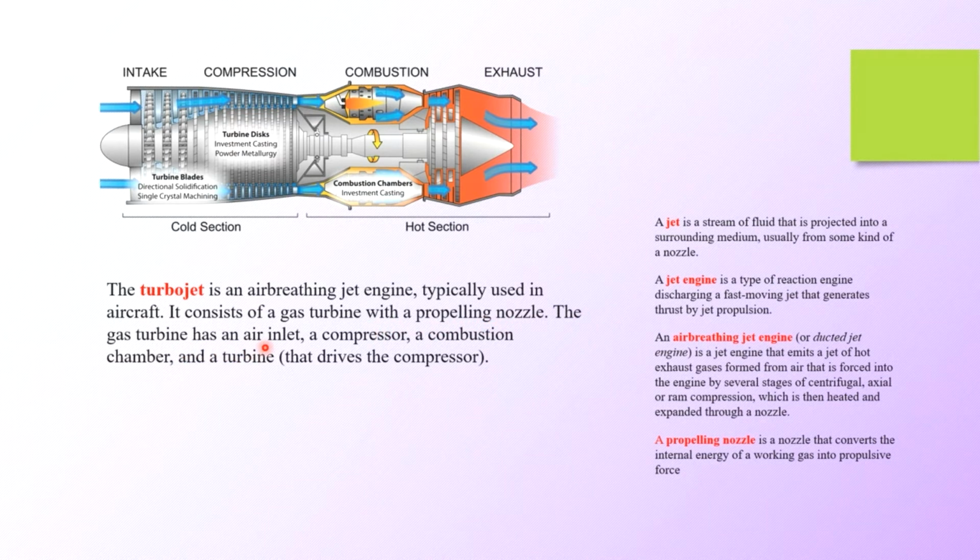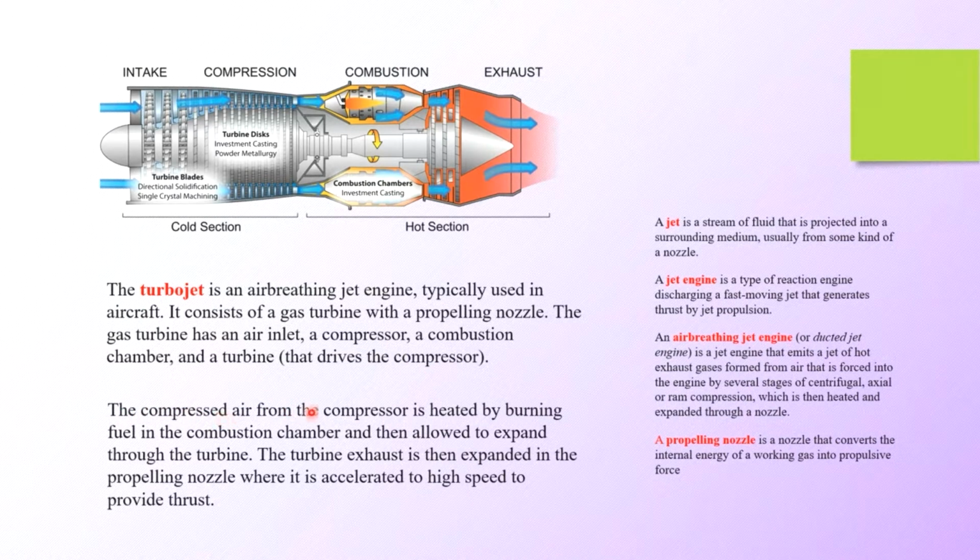The gas turbine has an air inlet, a compressor, a combustion chamber, or combustor, and a turbine that drives the compressor. The turbine work output is in turn used to drive the compressor. So the net work output must be greater than the work input.